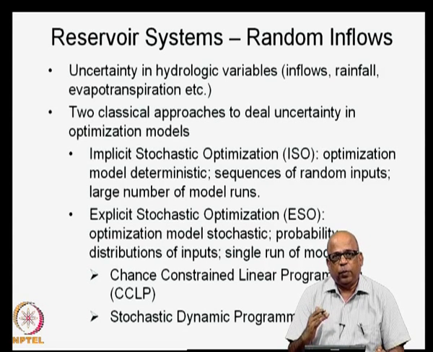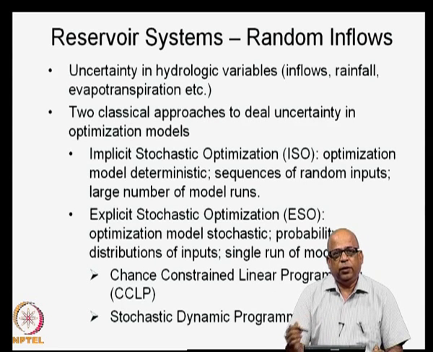We dealt with optimization techniques to determine the size of the reservoir earlier, as well as to determine the operating policy of the reservoir, in which case the sequence of stream flows was held constant or was treated as deterministic.